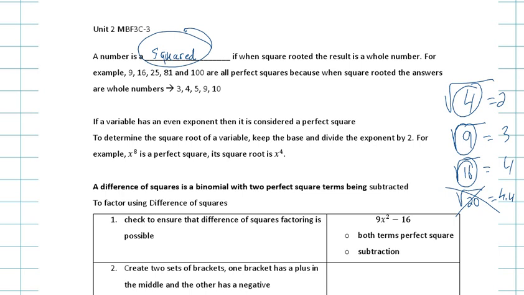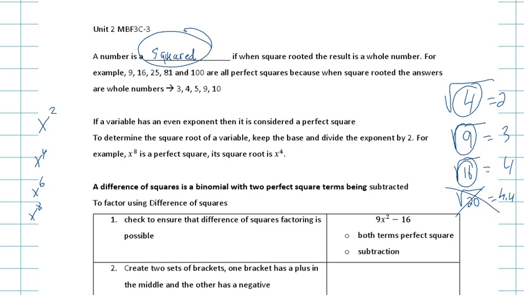So let's look here. x squared is a squared letter, correct? x to the power of 4 is also a squared letter, because it has an even exponent. x to the power of 6 is a squared letter. x to the power of 8 is a squared letter. And you guys get the idea. So if you see a term with a letter and with an even exponent, you're going to think of it as a squared term.